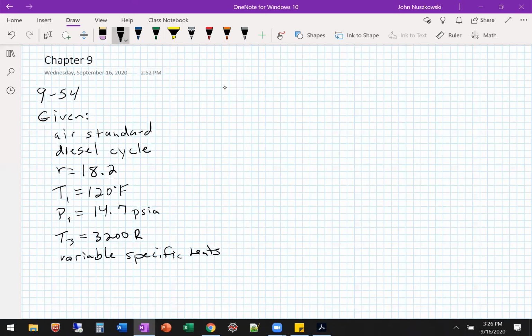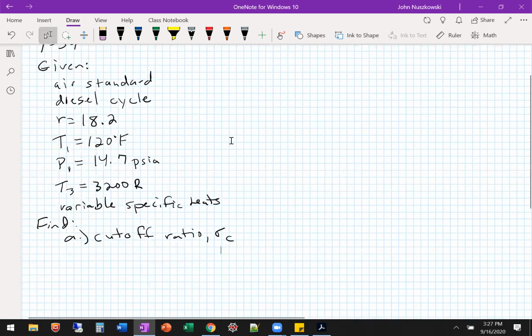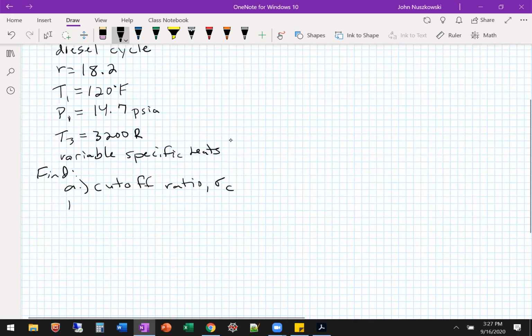All right, so variable specific heats, and they want us to find A, the cutoff ratio, which is our subscript C. B is the heat rejection per unit mass, so it's lowercase q.